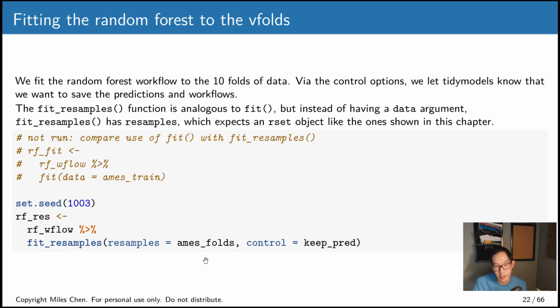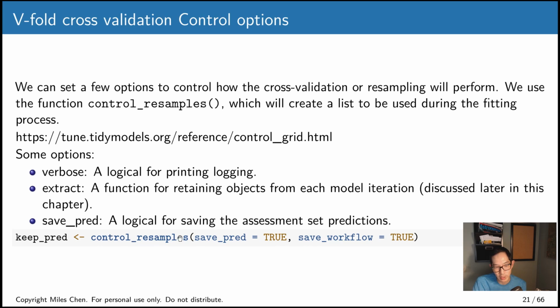The options for how fit_resamples goes come with the control argument, and we pass keep_pred, which is the result of control_resamples.